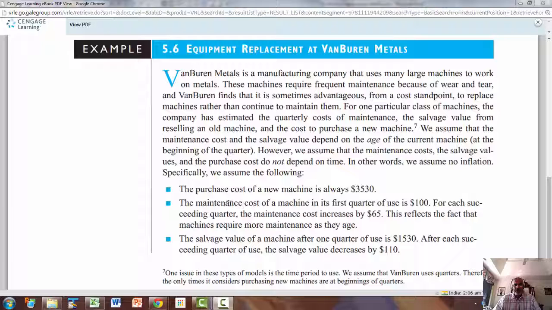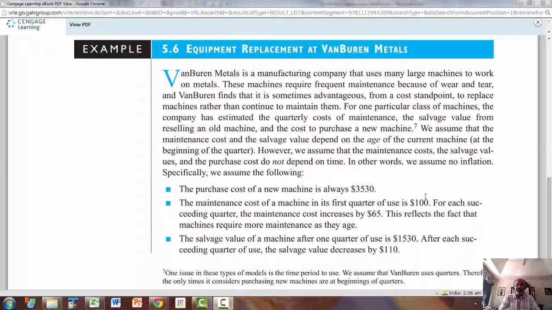Now, the maintenance cost of a machine in the first quarter of use is $100, and for each additional succeeding quarter, it increases by $65. So second quarter it will be $165, and the third quarter would be another $65 added to the $165, and so on.